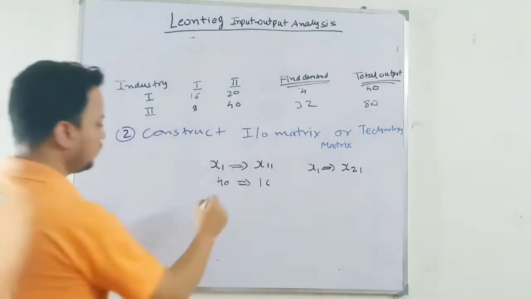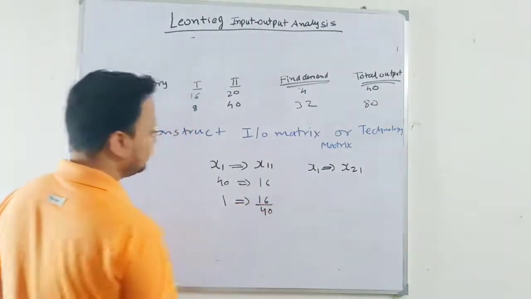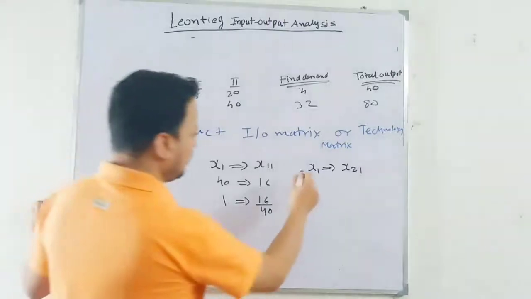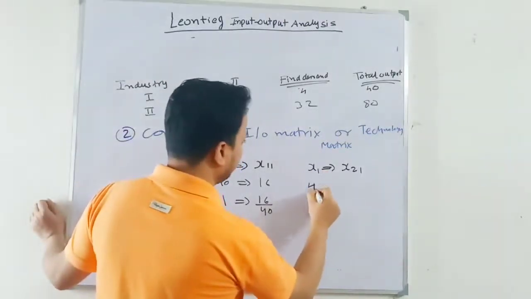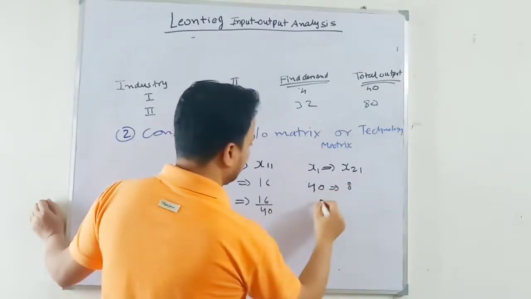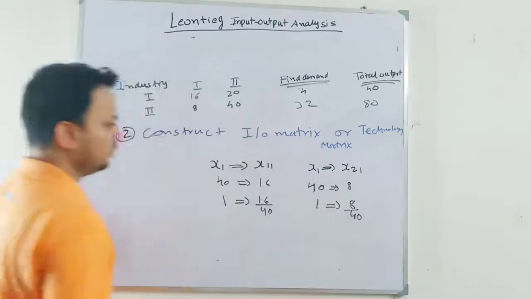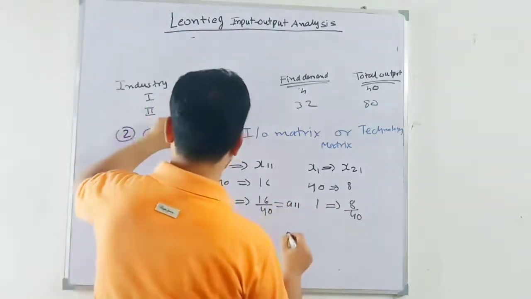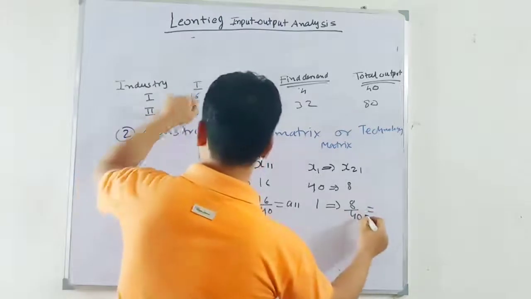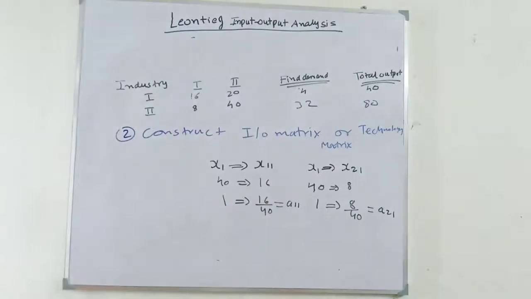So in order to produce 1 unit, you require 16 divided by 40. Okay. So in order to produce 1 unit, I'll put the number first, 40, and this is 8. So in order to produce 1 unit, you require 8 by 40. Okay. So this will give us A11, and this position is second row first column, A21, right?